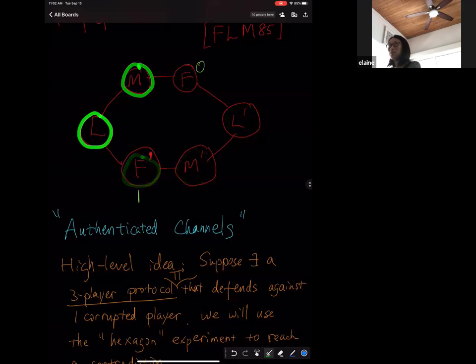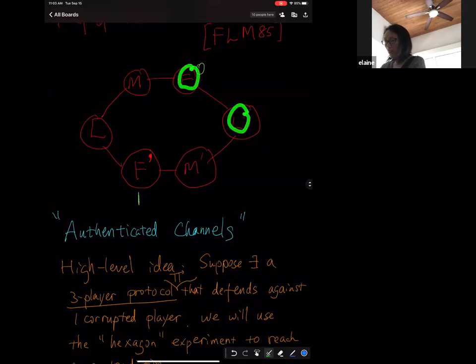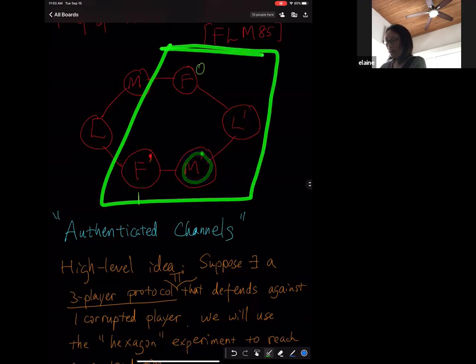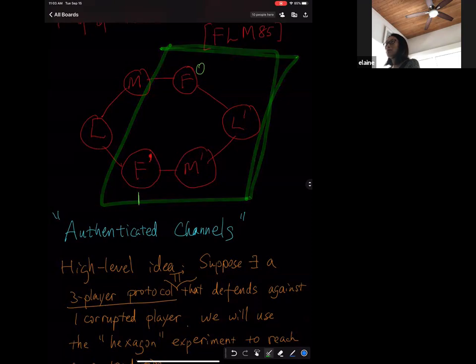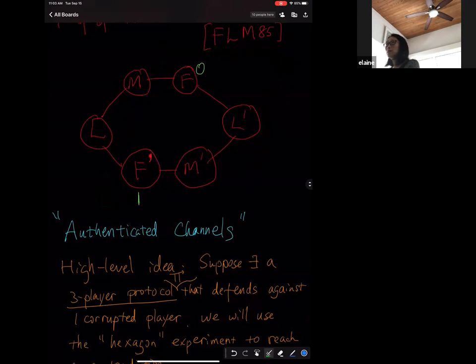The only difference is that in this interpretation, I will imagine that these 4 honest programs are executed inside the mind of the same player. Oh, I see. So the experiment is actually about 6 nodes and not 3 nodes. Yeah, I see.